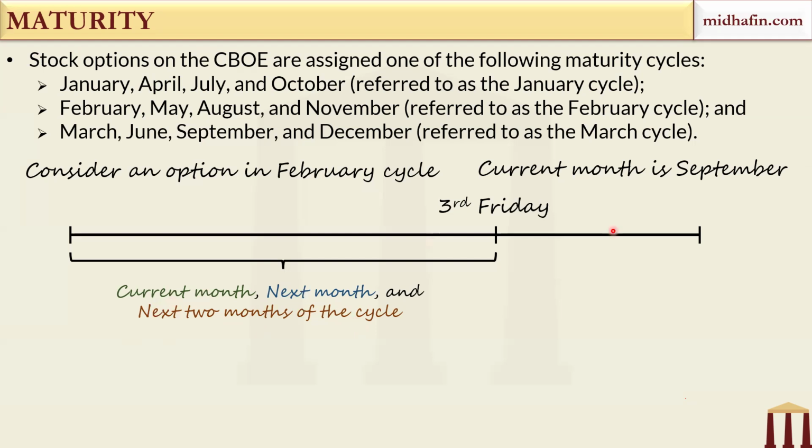After October in the February cycle, what are the next 2 months? November and February. After October, you have November, right? And then February.